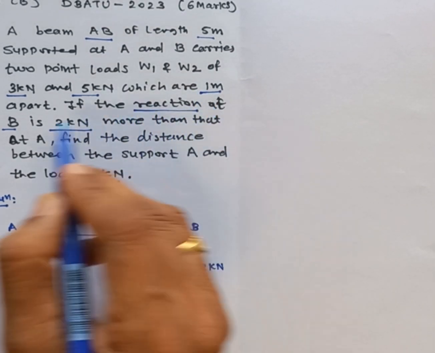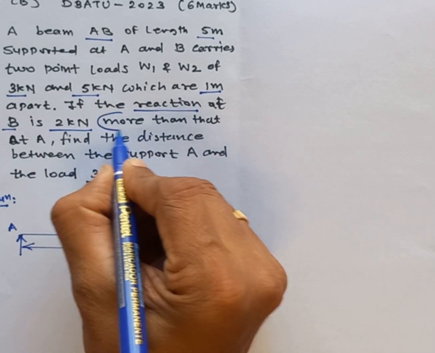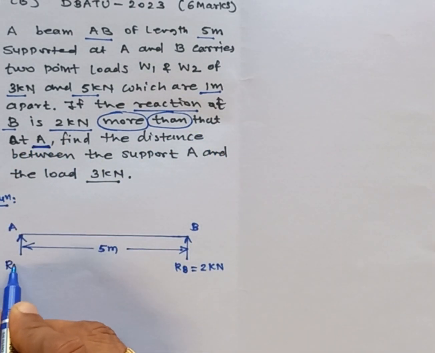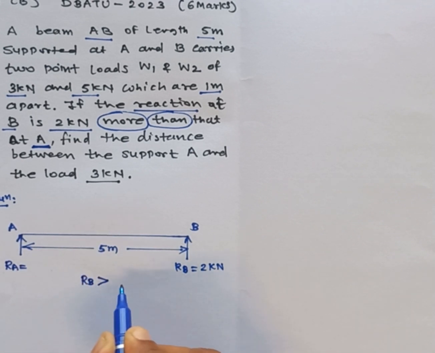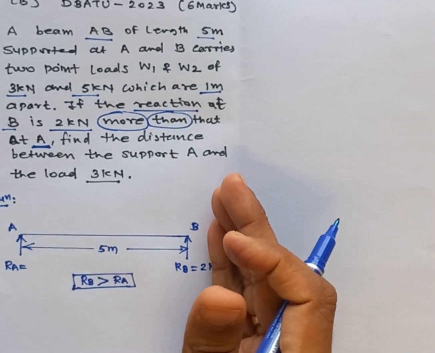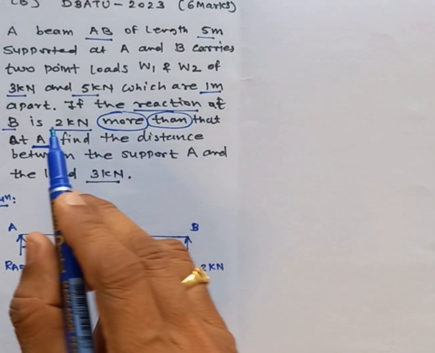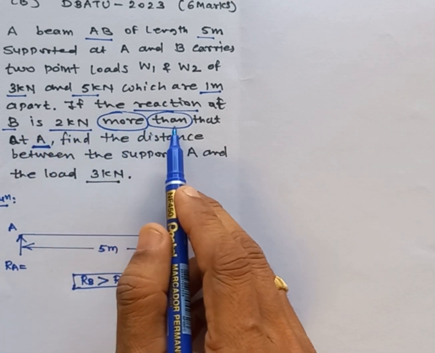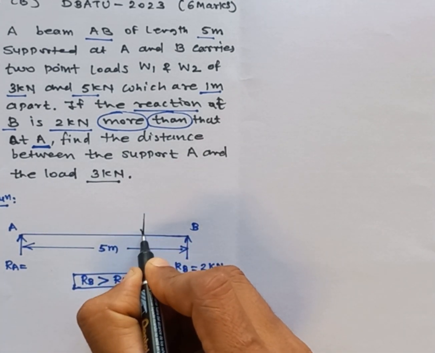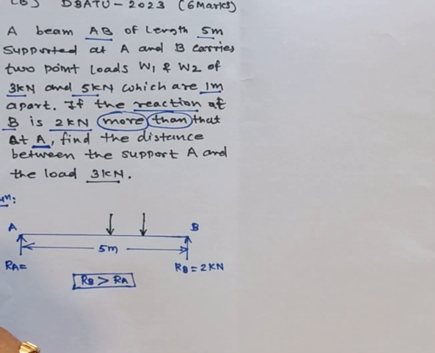They have put one condition: the reaction at B is 2 kilonewton more than that at A. It means RB will be greater than RA. We are not supposed to find RA here, but we get the understanding that the loads are near to B, because the reaction at B is more than that at A. It means the point loads will be near to B. If you show them anywhere in the beam, no worry, but go with better understanding.